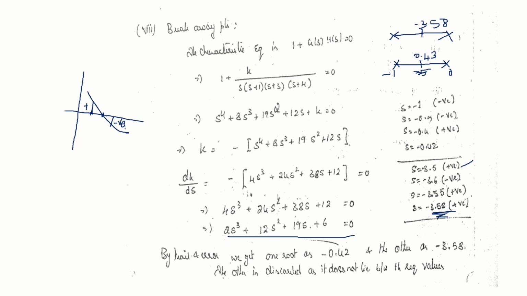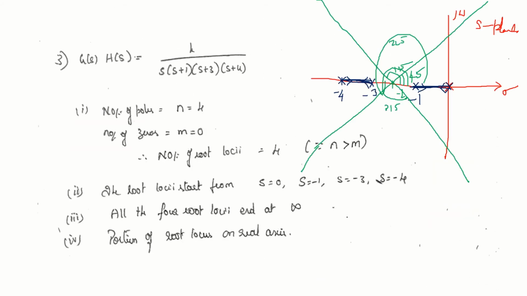So when I try with -3.5, you'll get a positive value. When I try with -3.6, I'll get negative value. That means in between. Then I'll try between -3.55, -3.56 like that. Then approximately I'll get this equation equal to 0. So that is little time consuming. You need to be careful about that. I got a breakaway point here and another breakaway point here.